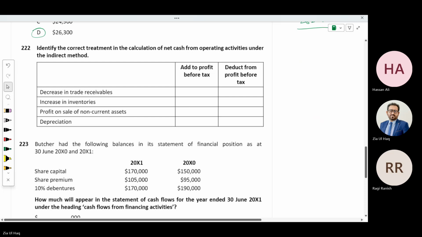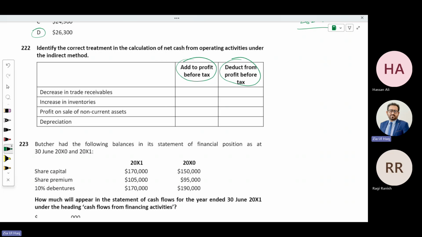222. Identify the correct treatment in the calculation of net cash flow from operating activities under the indirect method. Either they should be added back or deducted. Non-cash expenditure, losses relating to non-current assets should be added back. Income relating to non-current assets should be deducted.